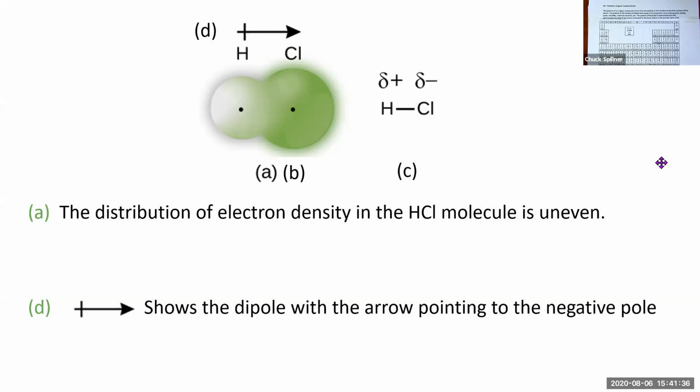So the electronegativity of chlorine is 3.0, and the electronegativity of hydrogen is 2.1. And so electrons are going towards the chlorine, which is increased electron density around the kind of bigger sphere, bigger circle.